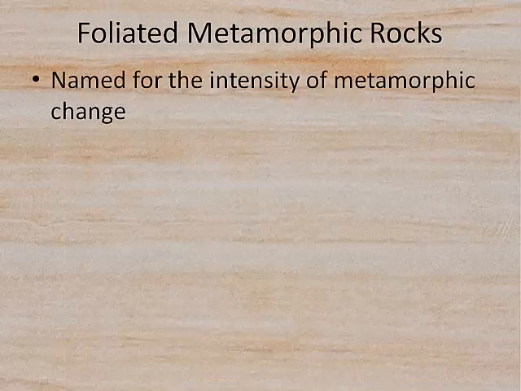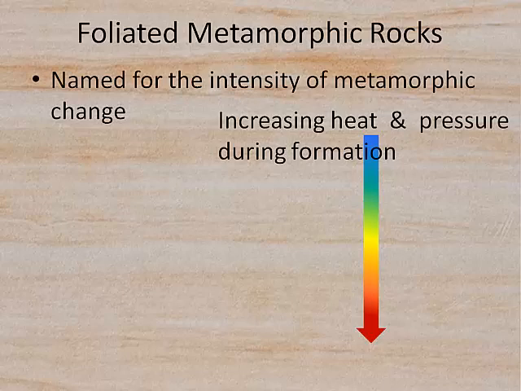Now the other basic type of metamorphic rocks are foliated metamorphic rocks. Foliated metamorphic rocks have layers, and we name them according to the intensity of the metamorphic change. In other words, the more heat and pressure that they're subjected to, the greater the change that will occur.